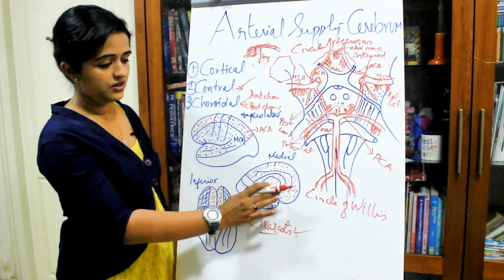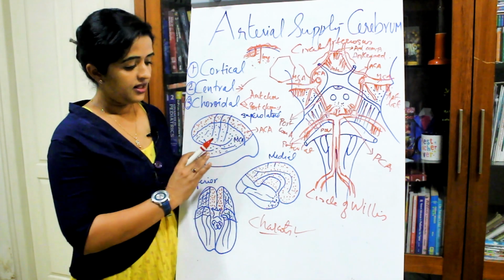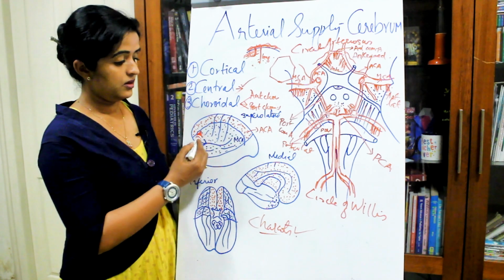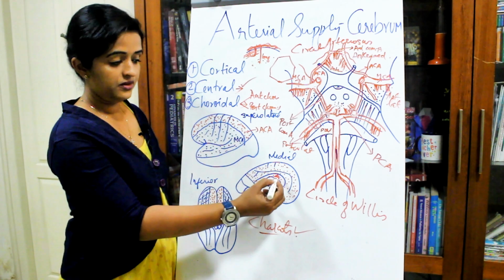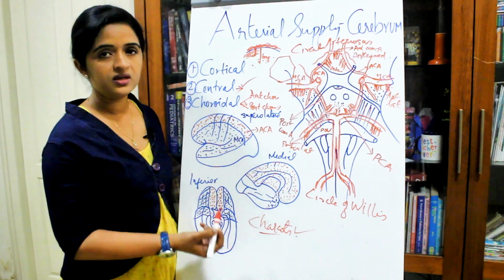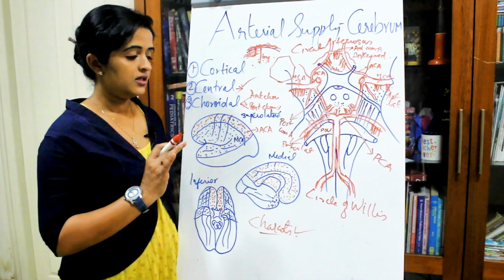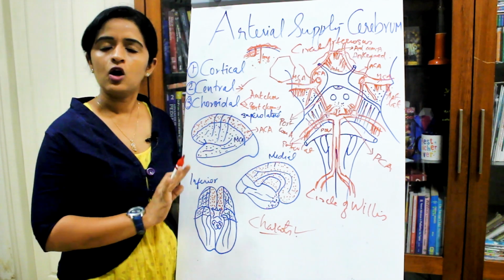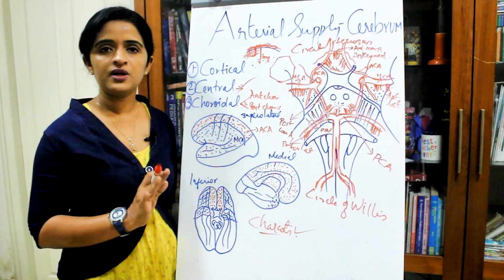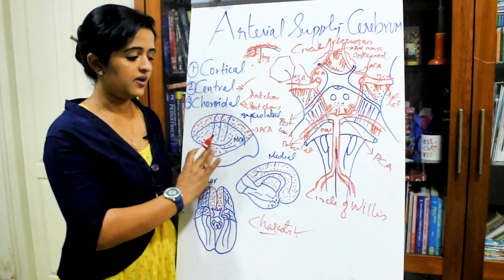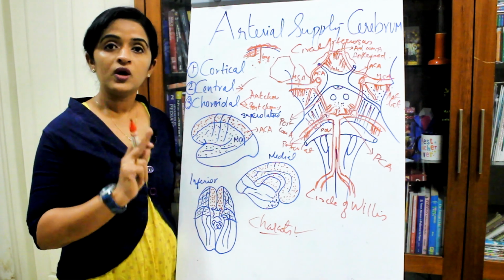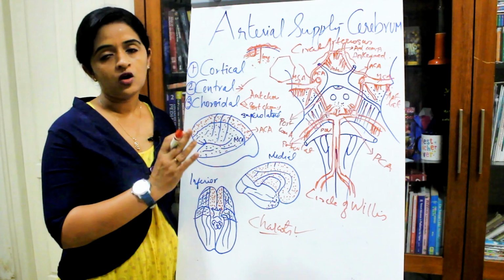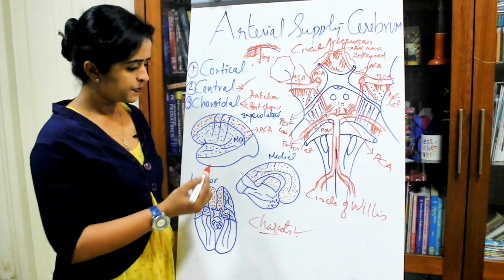When we discuss the cerebrum as a whole, there are 3 surfaces: the superolateral surface, the medial surface and the inferior surface. Note one point: all the 3 surfaces are supplied by all the 3 arteries, but one will be predominating on each surface. So let's see.